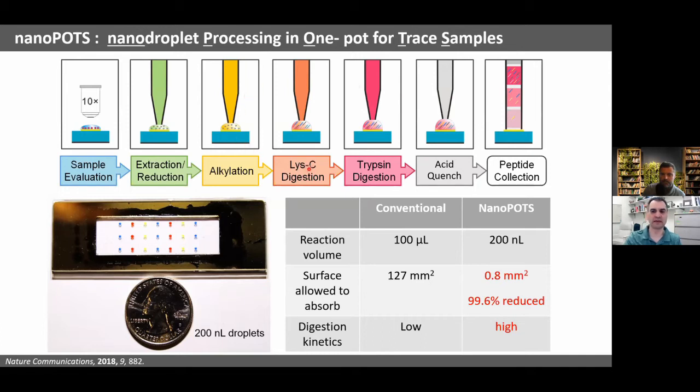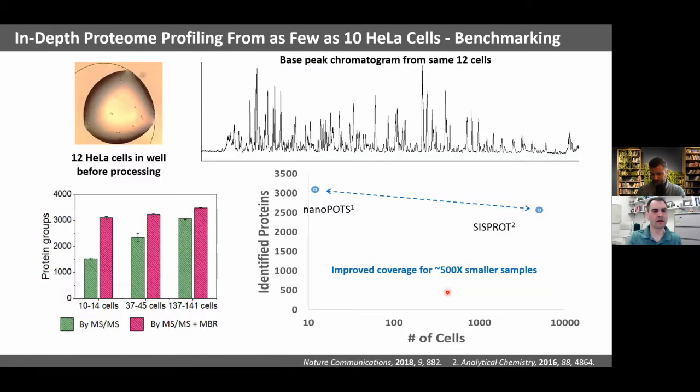Often we'll use a two-step digestion, and then ultimately we'll collect those processed samples. And the only cleanup that we do is a solid phase extraction, and then we're ready to analyze those. So we've really dramatically reduced sample processing volumes, reduced the surface exposure, and presumably enhanced our digestion kinetics as well.